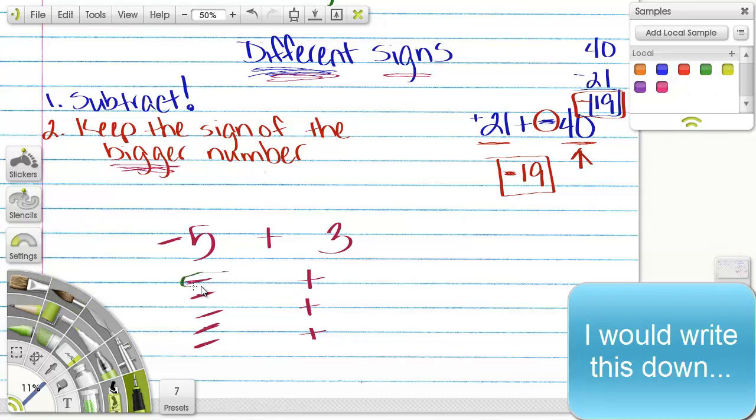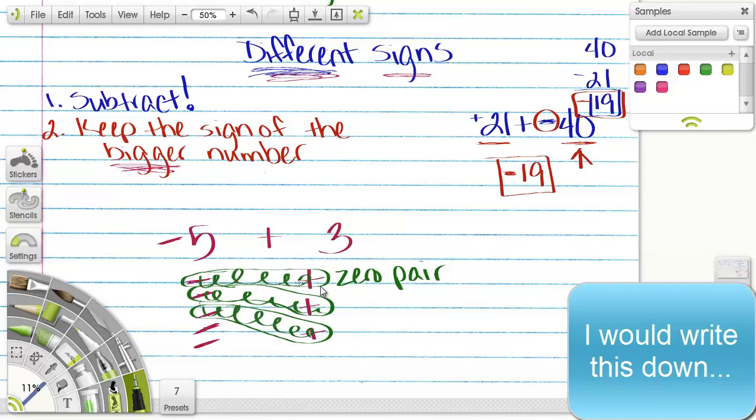This guy is going to take out that guy, and this is called a zero pair. Because if you get $1 and you lose $1, you still have $0. This guy is going to take out that guy, and this guy is going to take out that guy. These guys are all dead now. They're gone. They're no longer in the fight. So that leaves me 2 negative guys left standing.